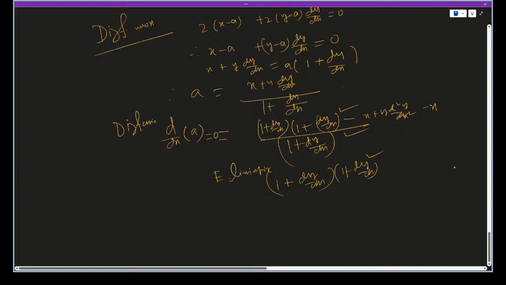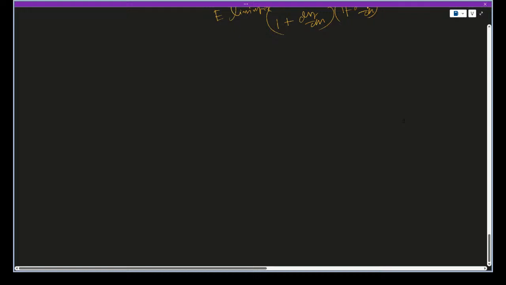So go by product rule: numerator into derivative of numerator minus numerator into derivative of denominator. So derivative of 1 plus dy by dx will be 0. This is the answer. This will be the differential equation. So formation you have understood.